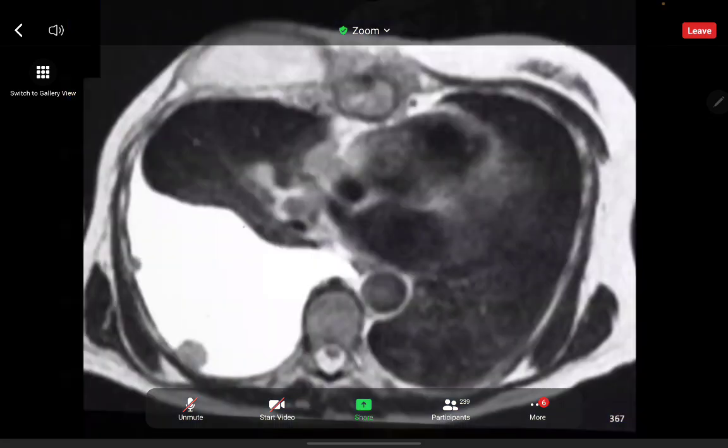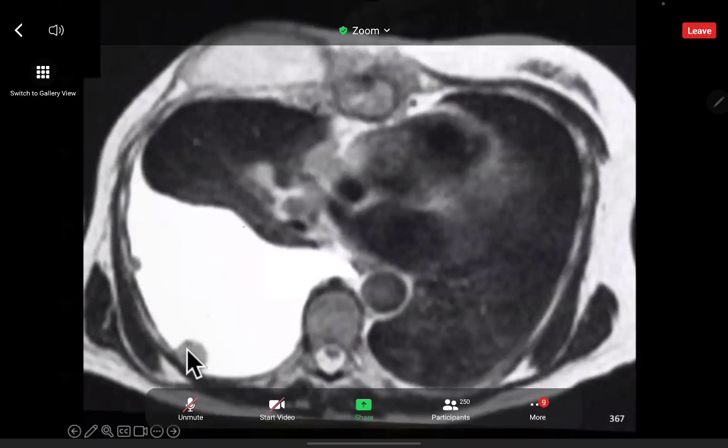Okay. Quick fire. This is a single MRI scan, which, if you look at it very carefully, you can see that everything that you need is on this study. So we've got a pleural effusion on the right-hand side. We've got pleural lesions.